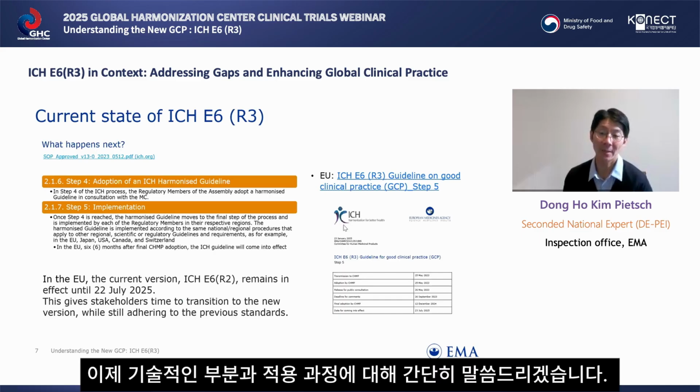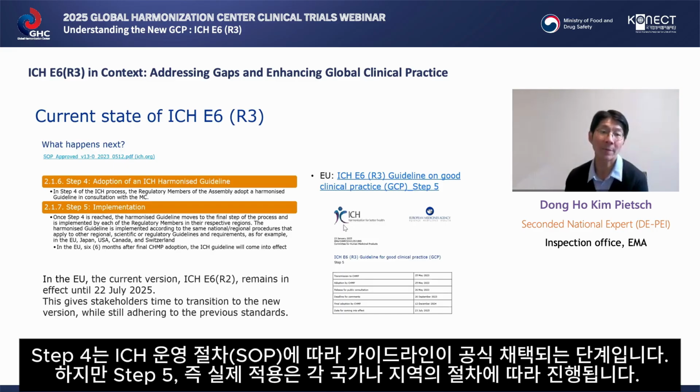So, speaking a little bit about technicalities and then also the implementation. Step 4, in accordance with the ICH SOP, is the adoption of the guideline. But step 5 is the actual implementation, which is then up to the national and regional procedures.